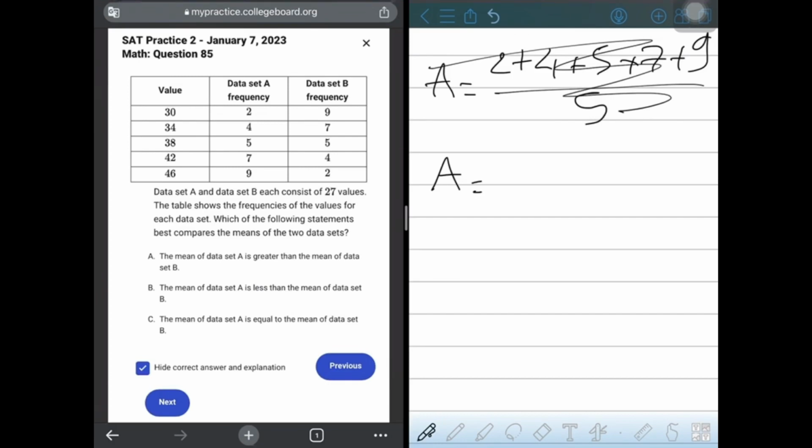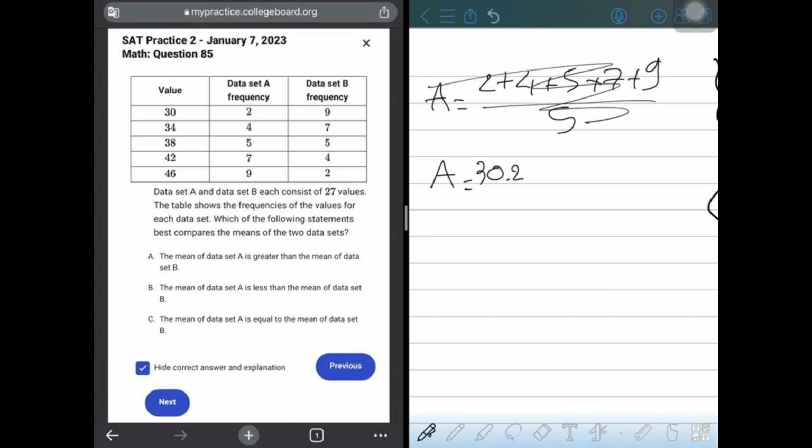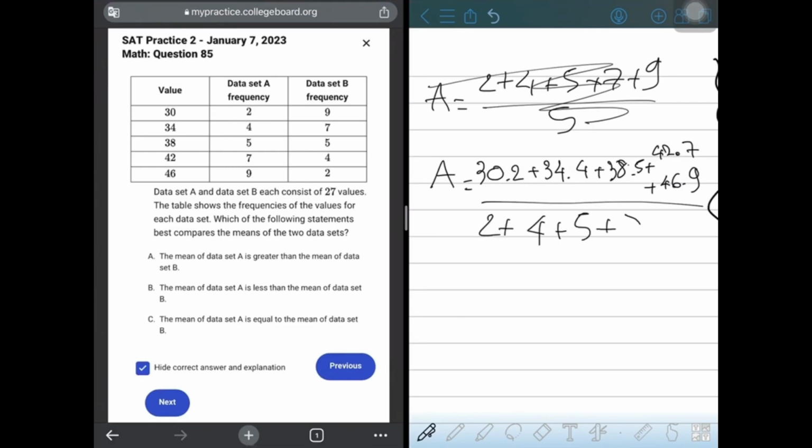So you will take 30 times 2, plus 38 times 4, and then 42 times 5, 46 times 7, plus 46 times 9, and then you will divide by the total frequency, 2 plus 4 plus 5 plus 7 plus 9, and equals. Now calculate with me.